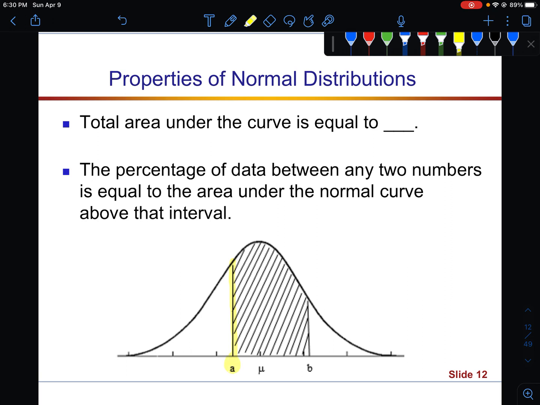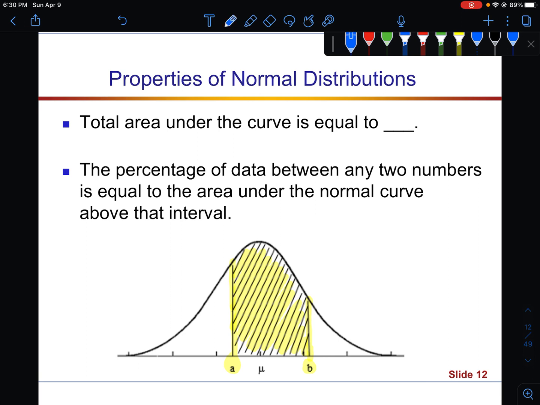If someone had an SAT score of A, say maybe 1,000, I want to know what percentage of people have an SAT score from A amount, say 1,000, to B amount, say 1,300. Well, then this area or percentage of our bell-shaped being covered up, that would represent the percentage of how many people would score between those two values.